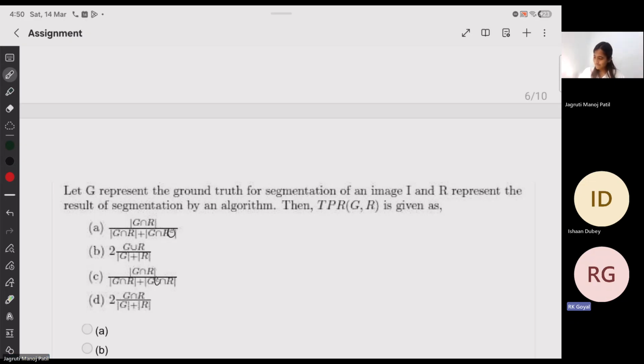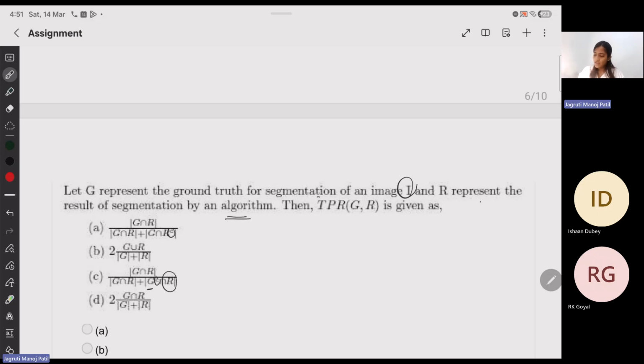It could be C. Here it's being told that G is the ground truth for segmentation of an image I, and R is the result for the segmentation.